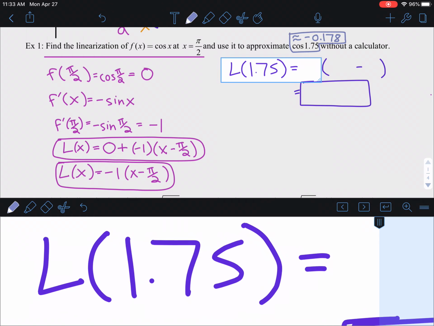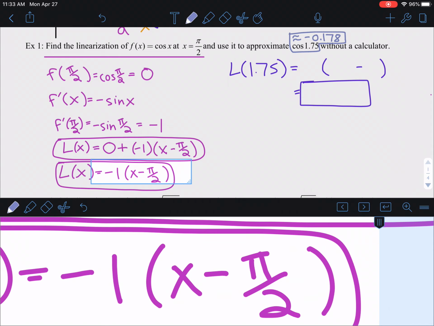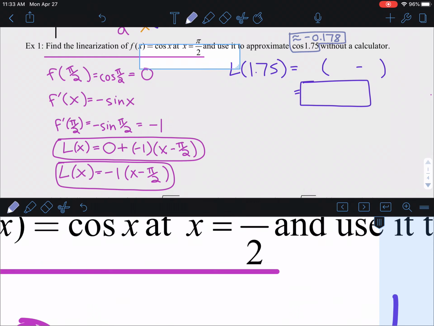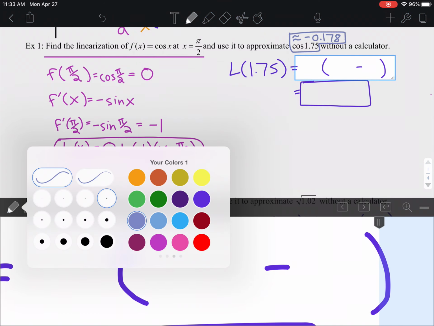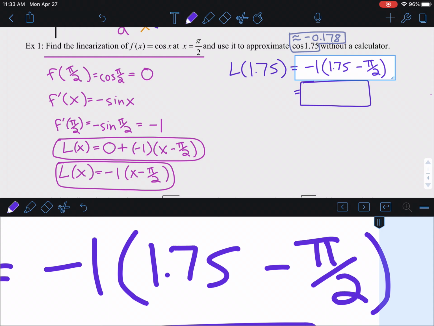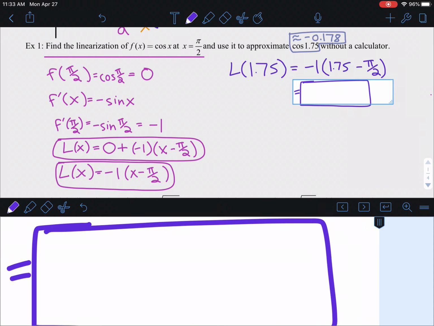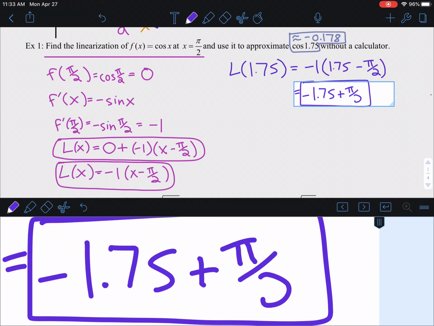If I take 1.75 and plug it into the equation of the tangent line we got from the nearby pi over 2, what would I get? Well, that would give me negative 1 times 1.75 minus pi over 2. And so if I distribute that, that would give me negative 1.75 plus pi over 2.